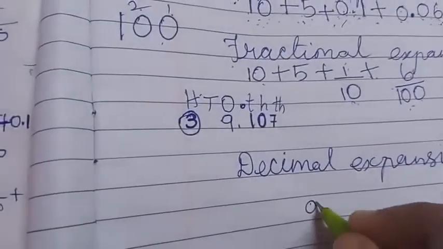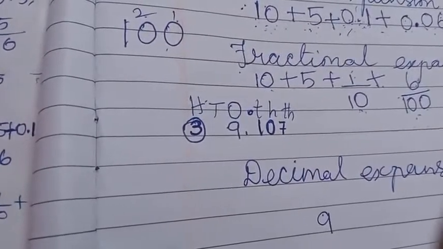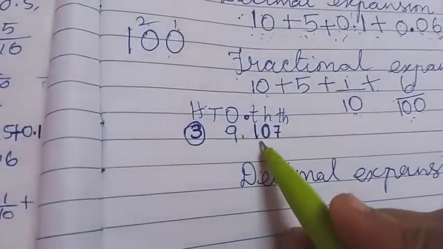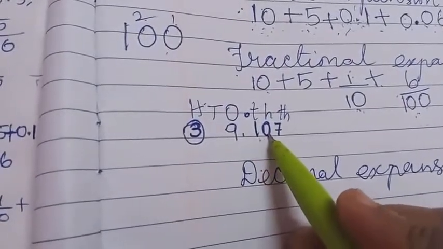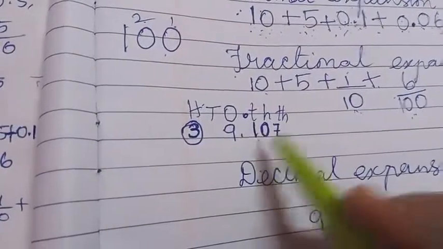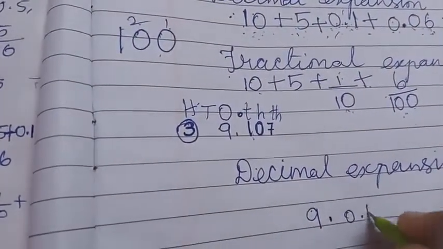In decimal expansion, how do we have to write? The same method you follow. So write 9, that's the whole number. Now, after the point, what numbers are there? 107. 1 comes under which place? Tenths. So write 0.1.